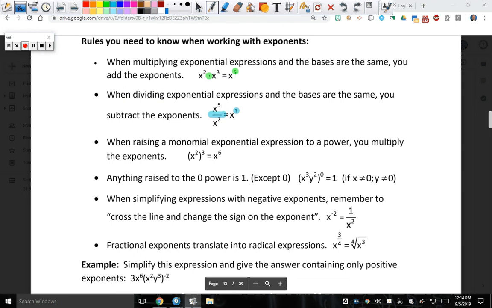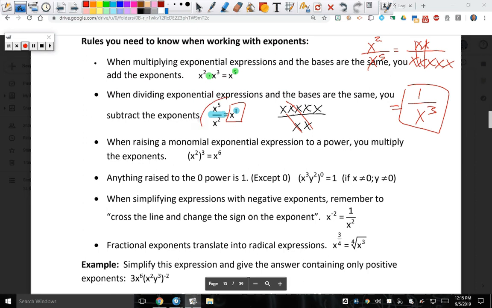Otherwise, I like to think of it like this. Instead of the subtracting, I don't like the subtracting. I like this. I know that there are 5 up top, there's 2 on the bottom. Cancellation forms of 1. Who wins? The top. By how much? 3. But then I have to remind people, what if you had it like this? You would have 2 on the top, 5 on the bottom, and cancellation to forms of 1, 3 are left on the bottom.